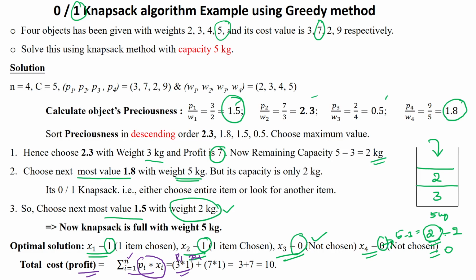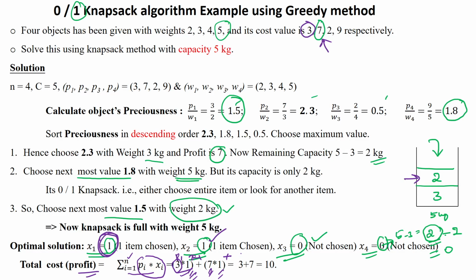So P1 is 3, the profit is 3 here, and x1 is 1, since it is selected. The second item's profit is 7, and it is selected, so x2 is 1.